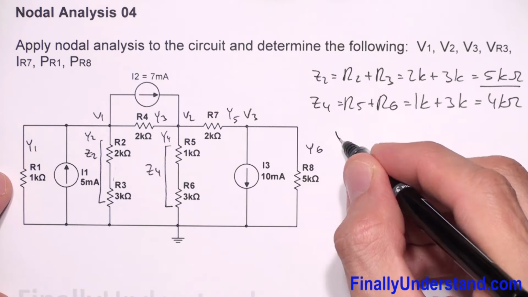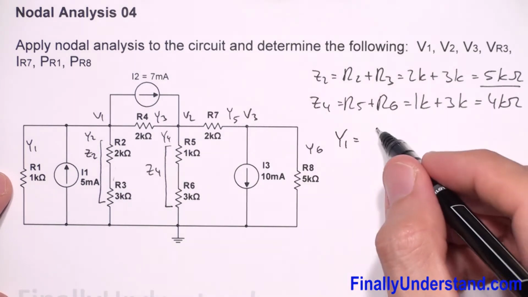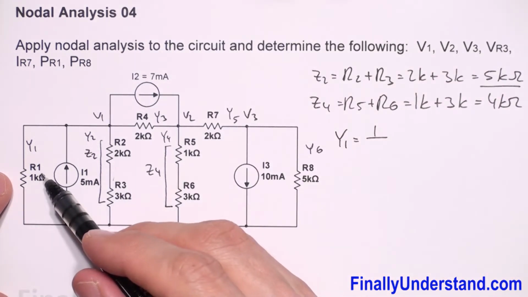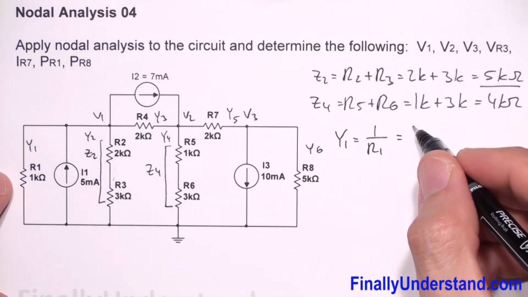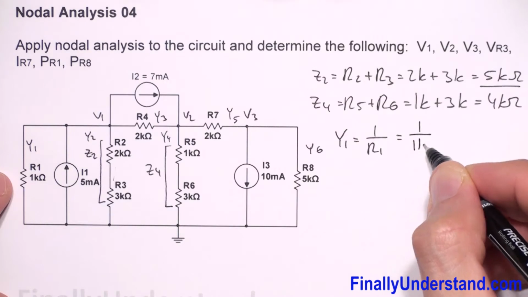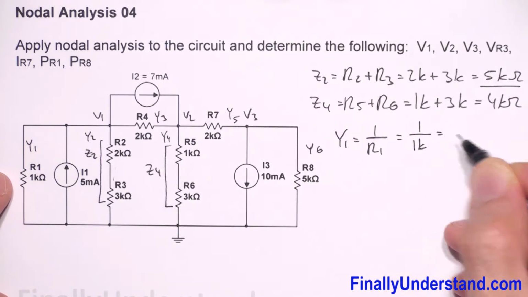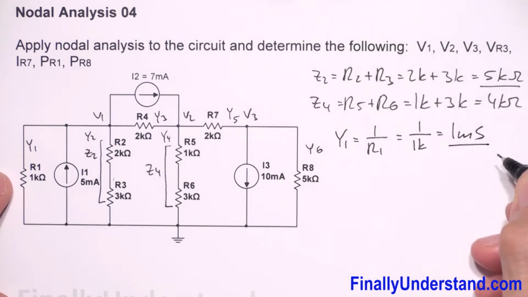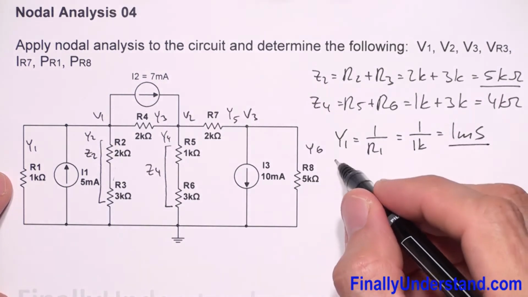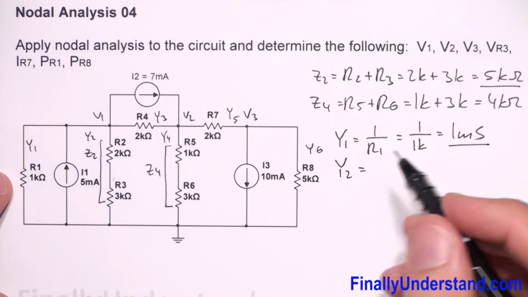So we have Y1 is equal 1 over R1 in this case. So this is equal 1 divided by 1 kilo ohm is equal 1 millisiemens. Okay, this is my Y1. Next, I'm supposed to find Y2.